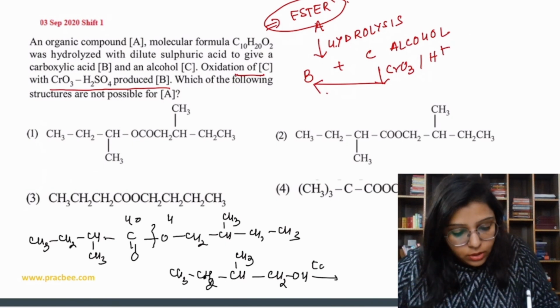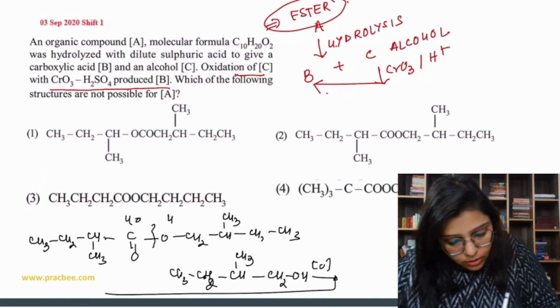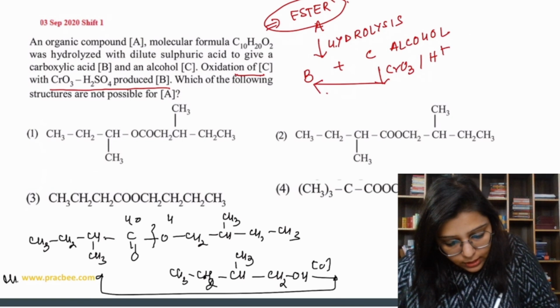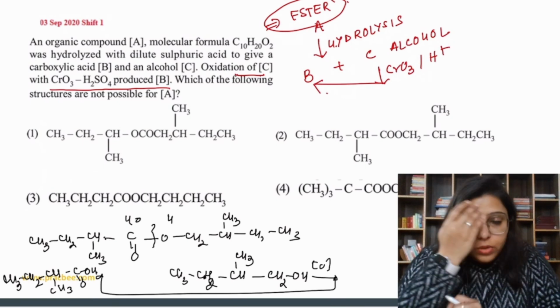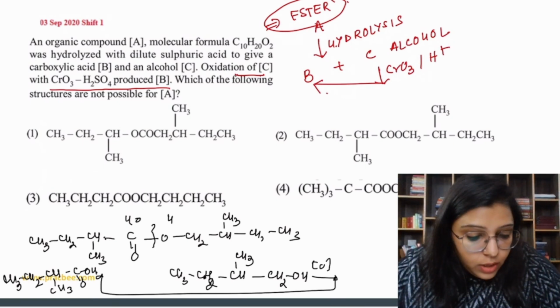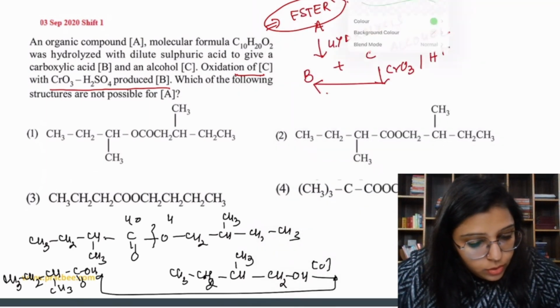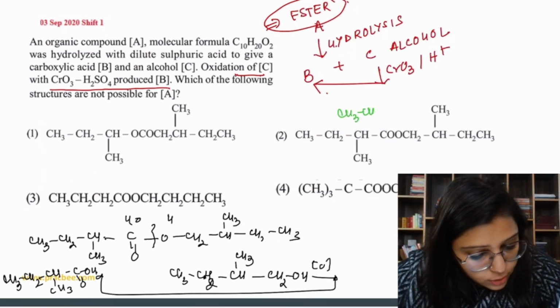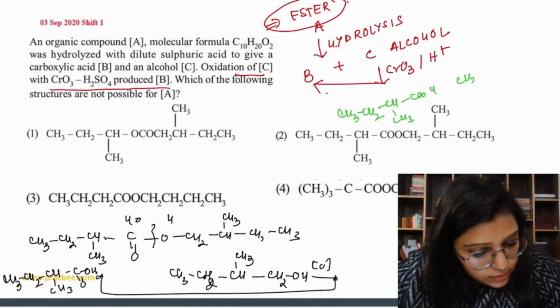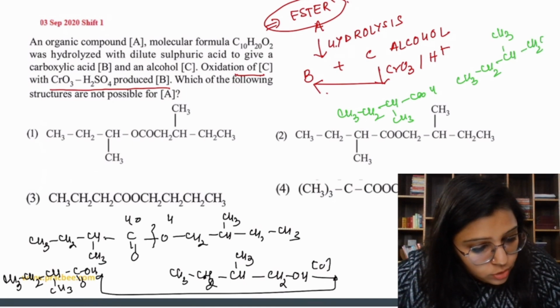On oxidation, it gives this carboxylic acid, which is CH3CH2CH(CH3)C double bond O, OH. So you have to do this, right? If you break over here, from the second option you get CH3CH2CH(CH3)COOH and CH3CH2CH(CH3)CH2OH, which is further oxidized to give carboxylic acid.